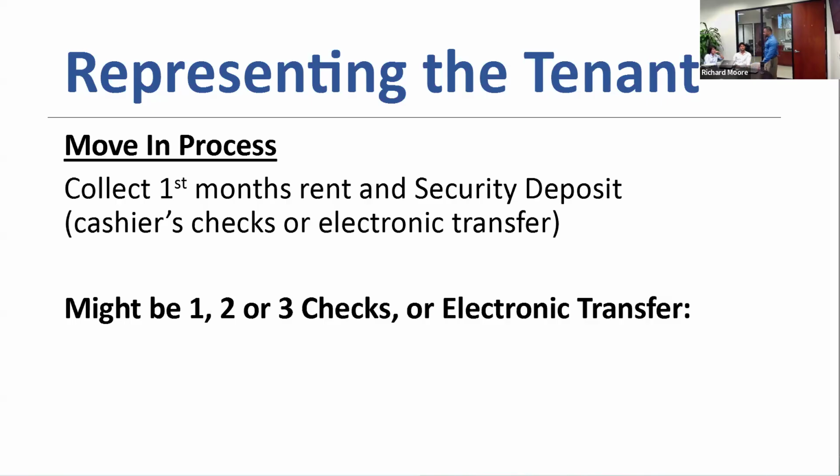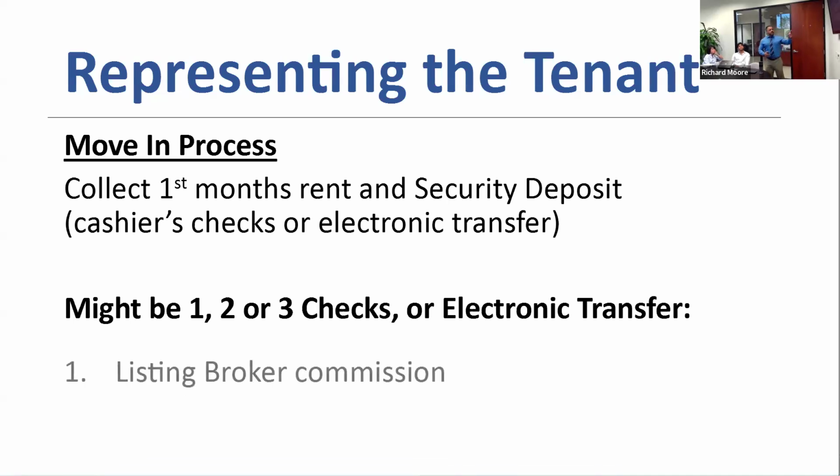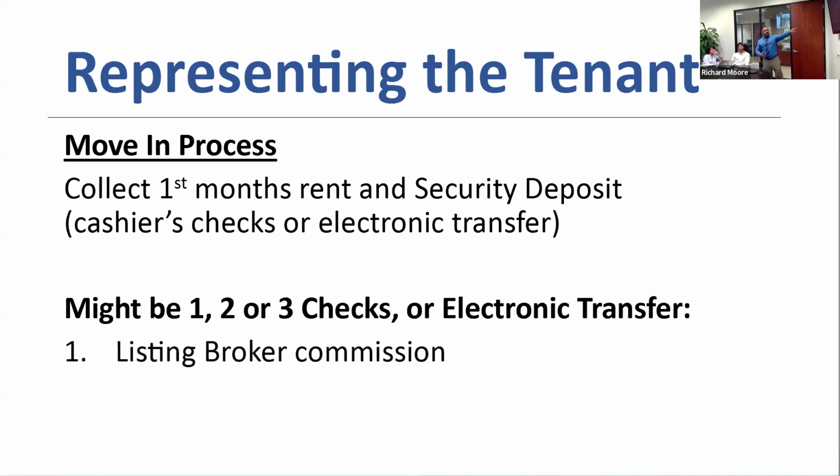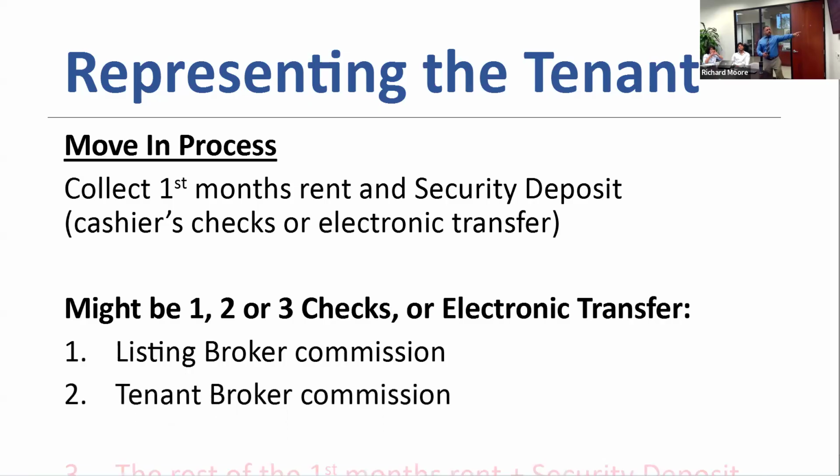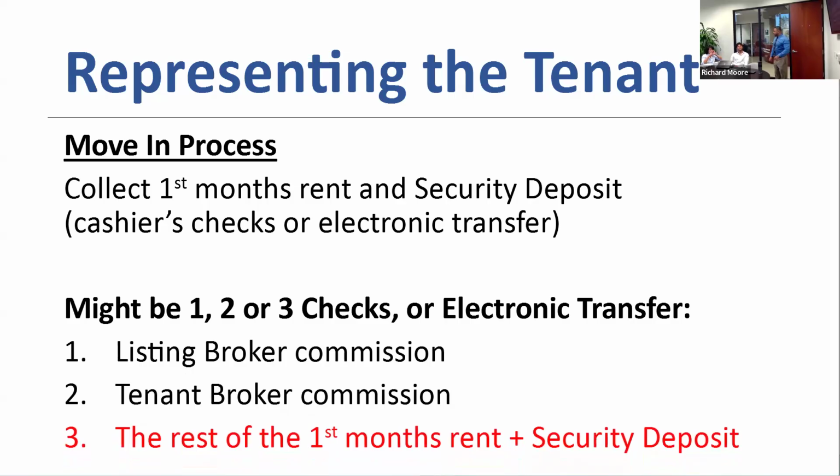Does that make sense? You guys look confused. Some of you look confused. Just say that again, please. Okay. One check for the listing brokerage, one check for the tenant's brokerage, and then the rest to the landlord, if the landlord agrees to pay commission for both agents.